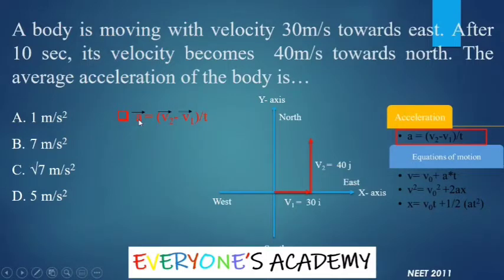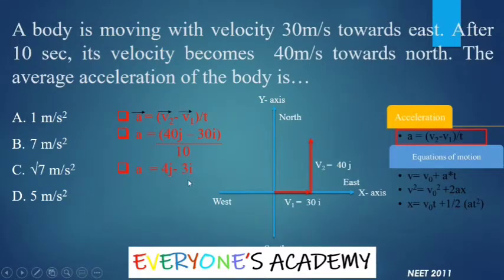To find out the acceleration vector, we will put the known values. Final velocity is 40j and initial velocity is 30i. So (40j minus 30i) divided by time t equal to 10 seconds, that is why divided by 10. So this becomes acceleration equal to 4j minus 3i, because 10 will divide both the terms.